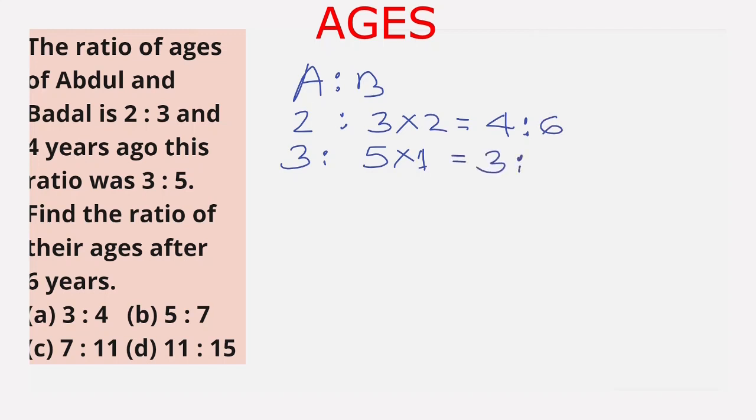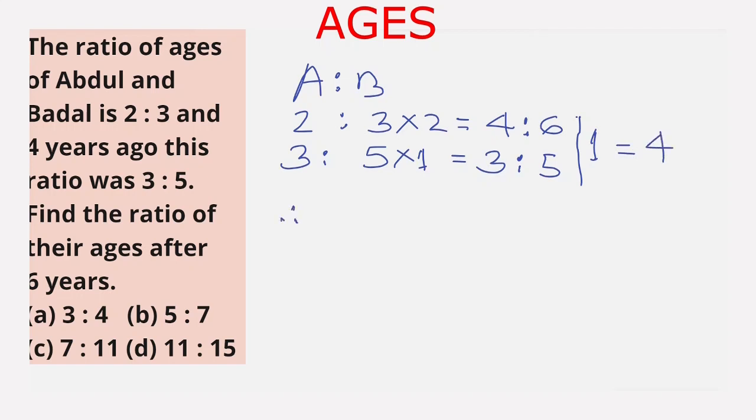So it becomes 3:5. Now the difference between 4 and 6 is 2 as well as 3 and 5 is 2. And if we check the change between these two ratios, 4 to 3 is 1 and 6 to 5 is 1. That is, 4 minus 3 is 1 and 6 minus 5 is also 1. So 1 equal to how much? This 1 is equal to 4 years given to us.